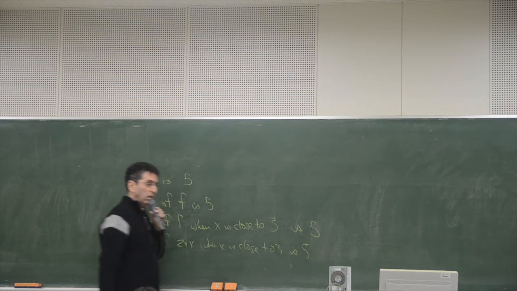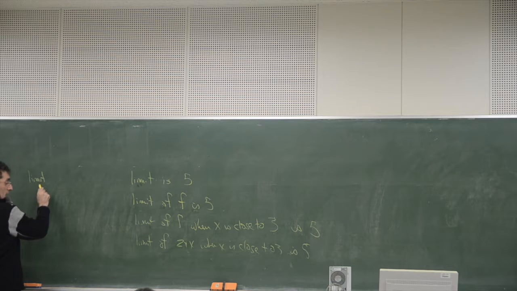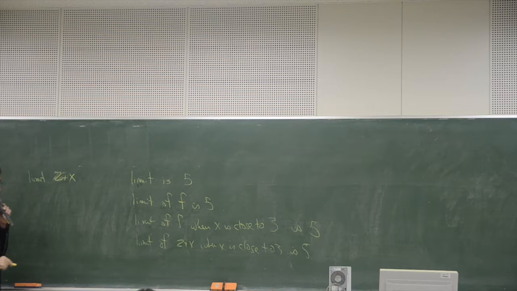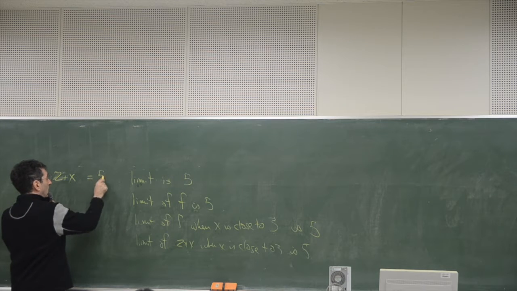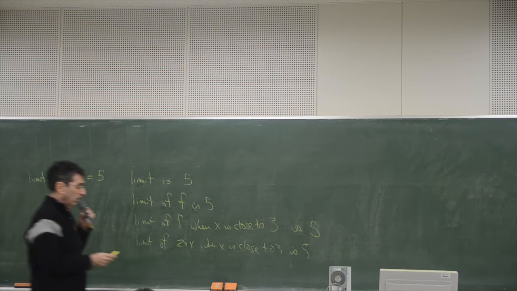Okay, so we can go that far. And then if you want to get a little bit more formulaic about it, you can write it like this. The limit of 2 plus x, that was the function, usually we'll write that as equals 5. And then we have to say where. So where?